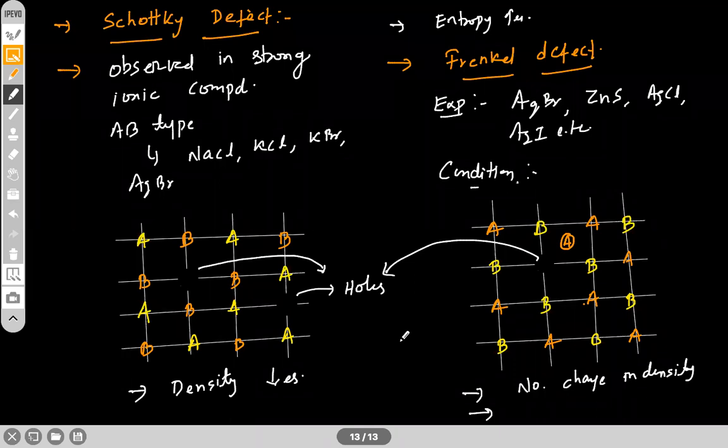Next one, write down Bragg's law. We are doing the last part of this chapter, Bragg's law. The heading you write down.